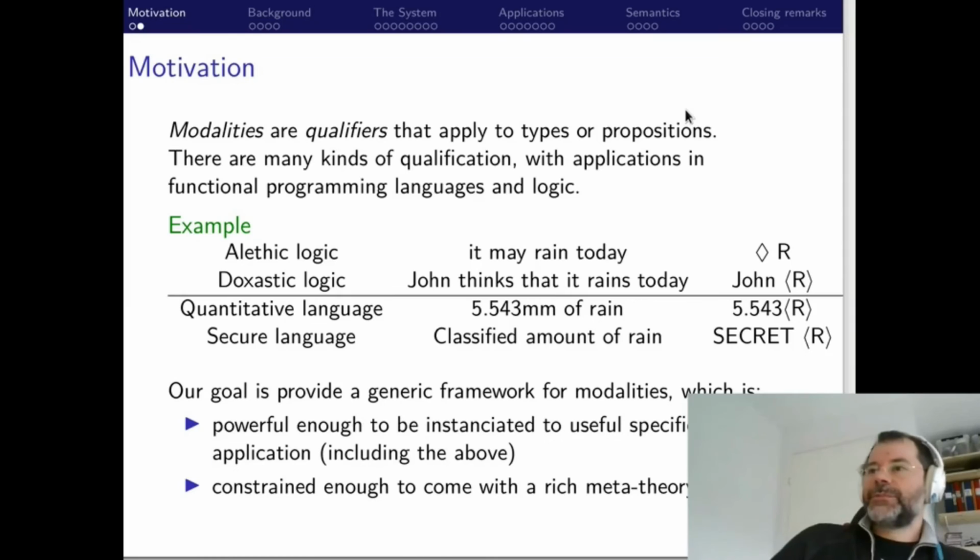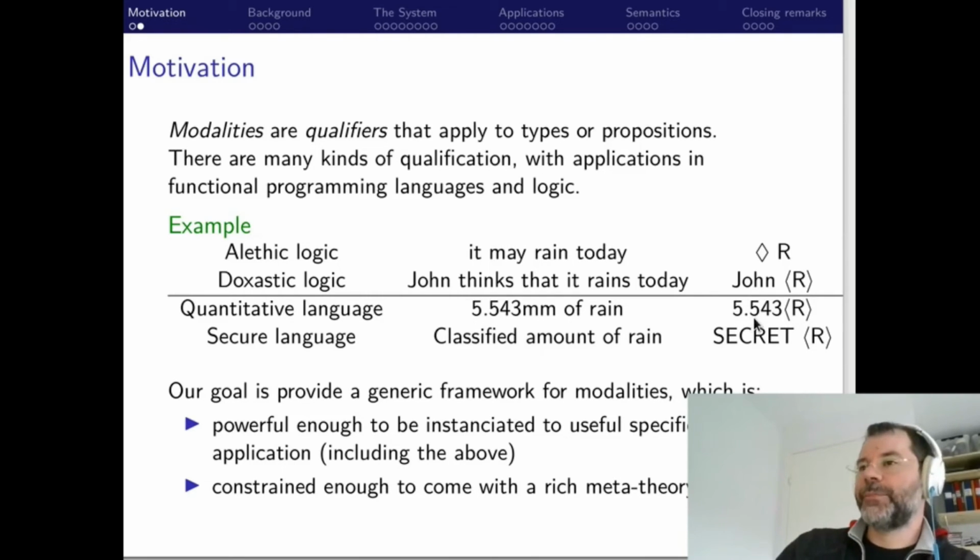Modalities are qualifiers that modify types or propositions. For example, in the sentence, "It may rain today," the "rain today" proposition is qualified with the possibility modality. Another possible example is the qualification of propositions by the agent who believes it, as in, John thinks that it rains today. In programming languages, it can be useful to qualify a type by an amount, representing how much is available.